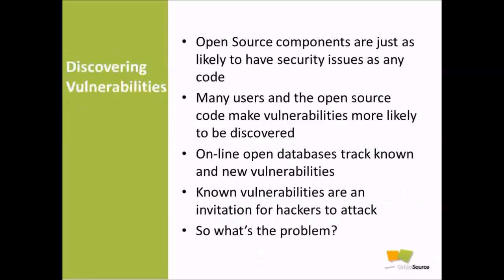And there are reputable online public repositories that keep track of these vulnerabilities and report on them, and even report when fixes are available, and try to mitigate this issue.